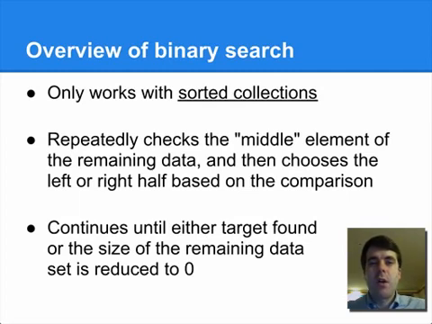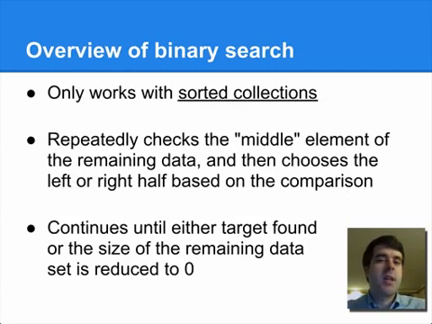And so if we take the item that we're looking for and compare it to the middle, if the item we're looking for is less than the middle, then that tells us that we can just focus our attention on all the stuff that comes to the left of the middle, or the stuff that comes before the middle. On the other hand, if the thing that we're looking for is bigger than the middle, then that tells us that we have to look in the right half.